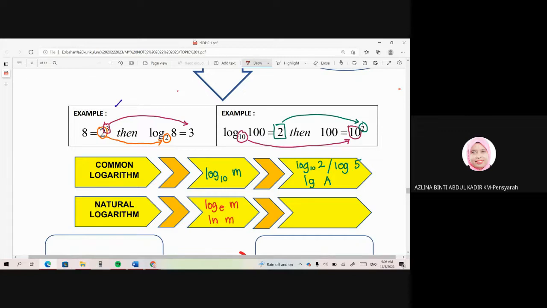Ln m is the same. We don't write base e, we write ln. So that means we have base e. For example, ln 5, ln 10, ln 3, we know that the base is base e.